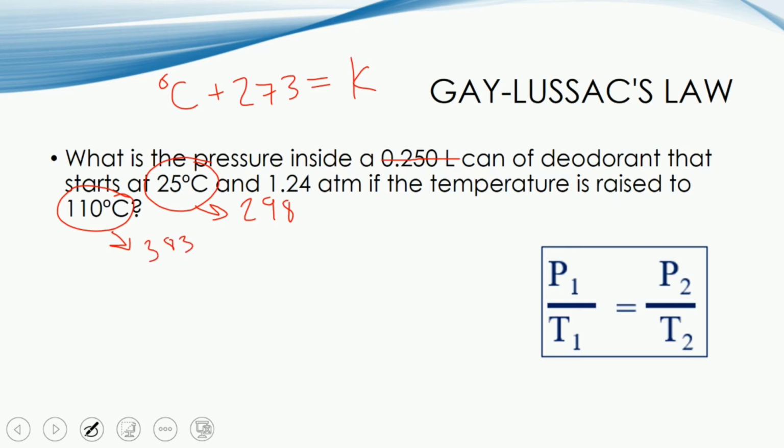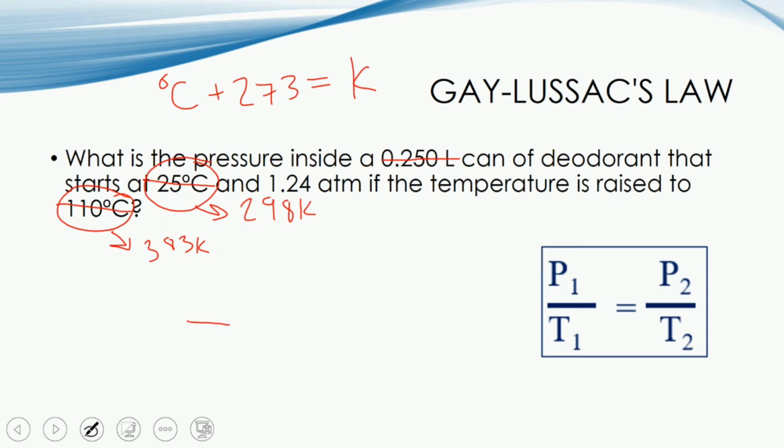So whenever we write down our numbers into the equation, those are the values that we need to use, not Celsius. Now, I'm not going to label all of the different variables in this particular example, simply because we have been doing that in previous lessons. But for this one, we are going to have our initial and our final pressures and temperatures. So we are told that it starts with 298 Kelvin.